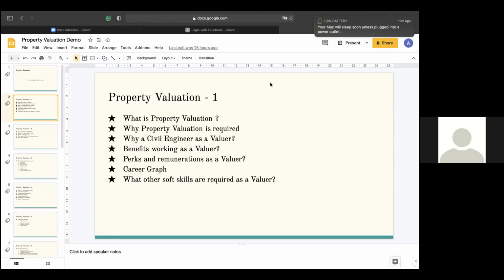For being a valuer, you need experience. But as a chartered engineer, can you do valuation or not? Yeah, a chartered engineer definitely can do valuation. But a chartered engineer needs 10 years of experience or so. There are certain criteria to become a chartered engineer. We can't become a chartered engineer right away, right?